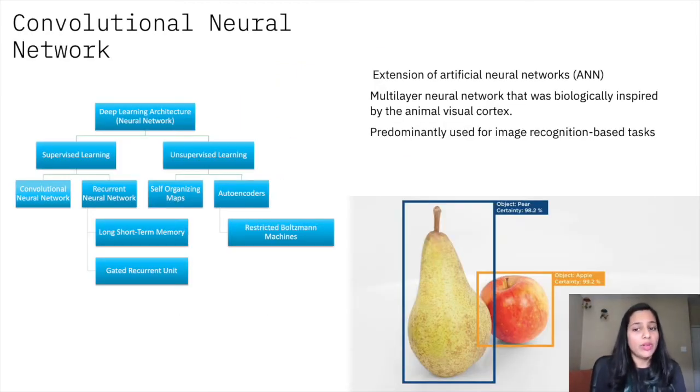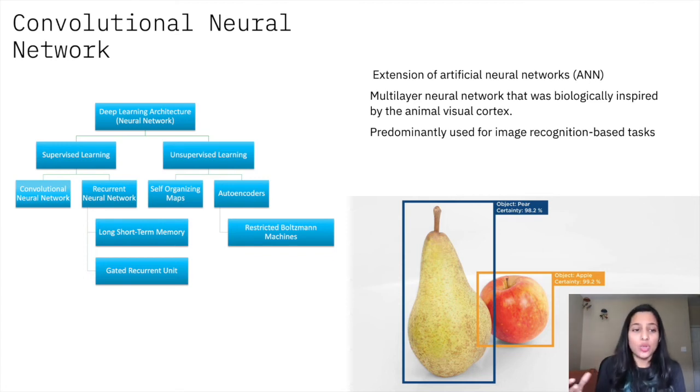So where does convolutional neural network fit in? So here's where we talk about computer vision as a branch of computer science that enables computers to recognize the visual world, right? So there are several machine learning and deep learning algorithms. In this tutorial, we're going to be looking at convolutional neural network.